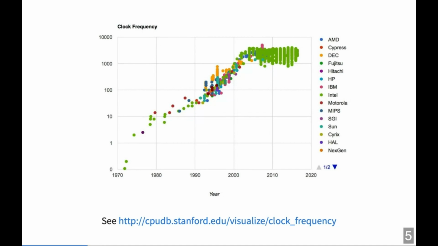But this picture, which is missing a label on the vertical axis, which I think should be megahertz, shows pretty clearly that there was a rapid increase in processor clock frequency from about 1970 up to about perhaps 2005. That really hit a ceiling at that point, and clock frequency increases are no longer really available.